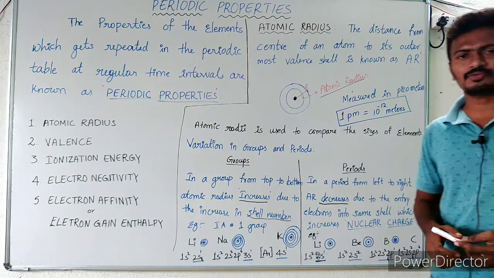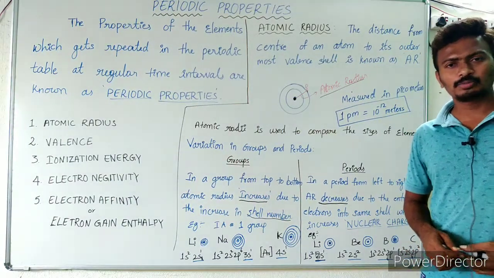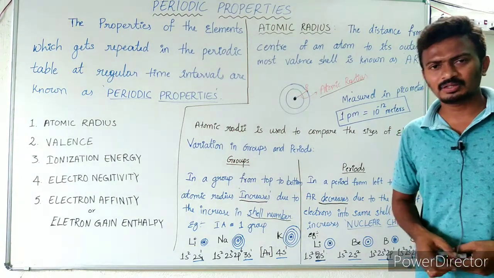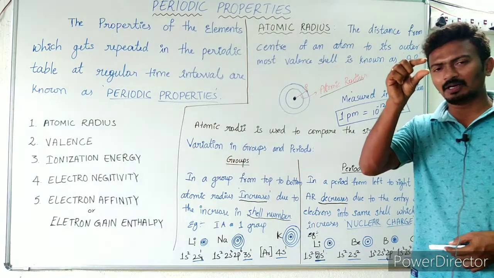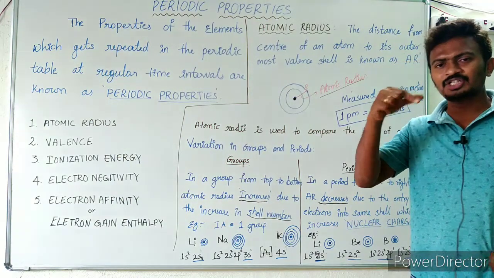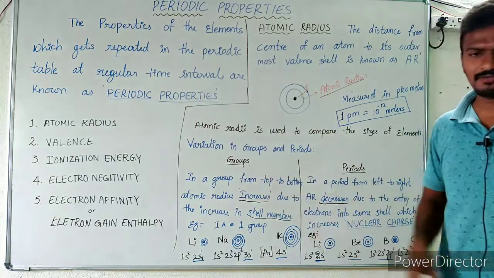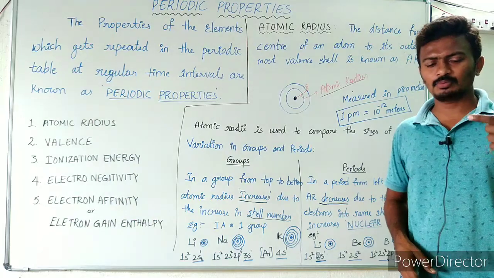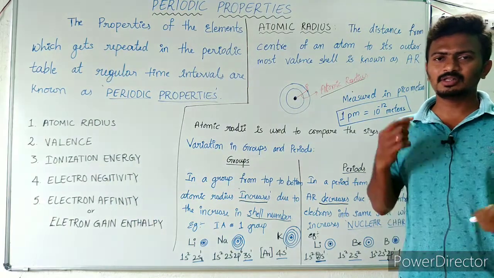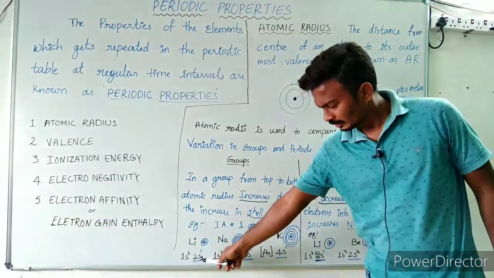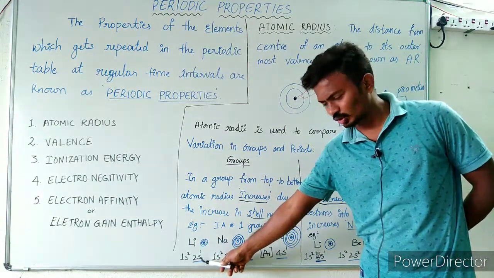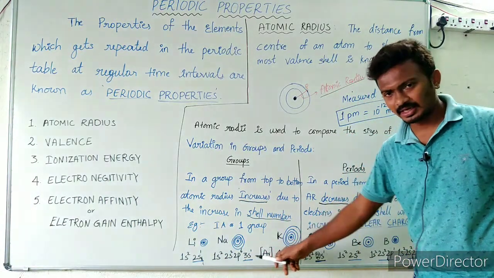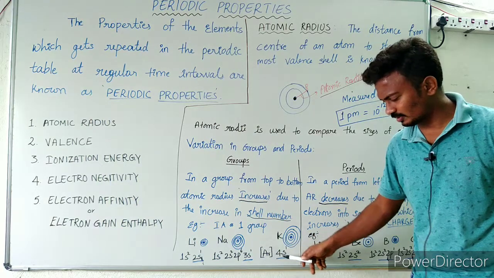Now coming to the variation of this atomic radius in the groups and periods. Coming to the groups, from top to bottom, what happens? As we move from a particular element to the next element, the shell number increases. If you take the first group elements like lithium, sodium, potassium, rubidium, cesium, francium, the valence shell of lithium is 2s, the valence shell in the case of sodium is 3, and the outermost valence shell of potassium is 4.